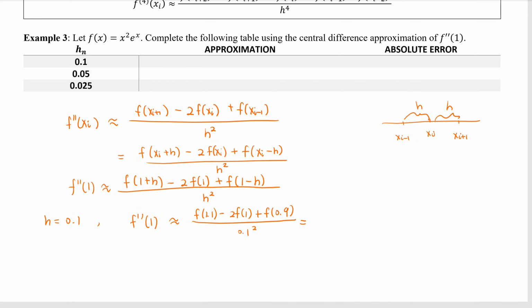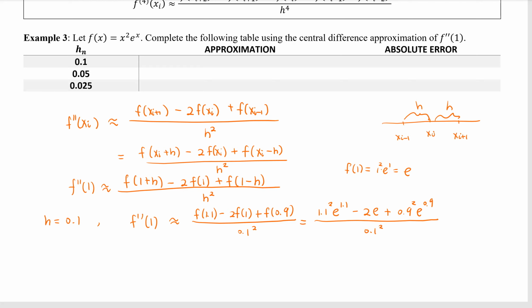Well, for 1.1, we plug in f, x squared, so 1.1 squared, and e to the 1.1. Minus 2, okay, let's figure out what is f of 1. Well, x squared, 1 squared is 1, and then e to the 1 is e, so the answer is just e. Okay? And then we have plus f of 0.9, so 0.9 squared, e to the 0.9, all over 0.1 squared.